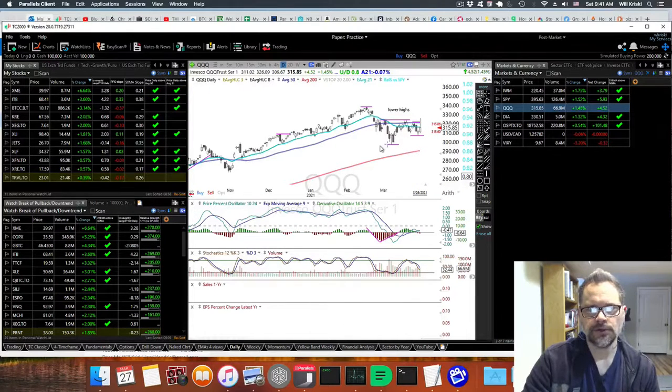The other thing I want to mention is that I'd like to see the 21 EMA above the 50. It's obviously a lagging indicator. We come down, and if you sell right when you get below the 50, a lot of times things will recover and the 21 never gets below the 50.